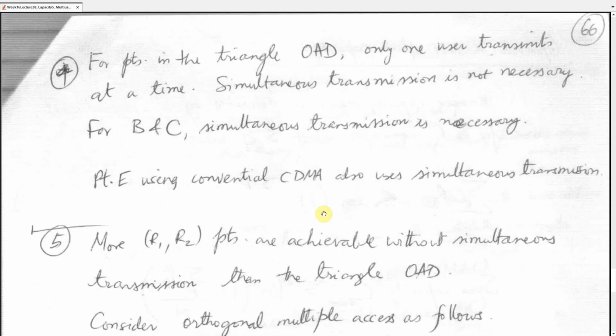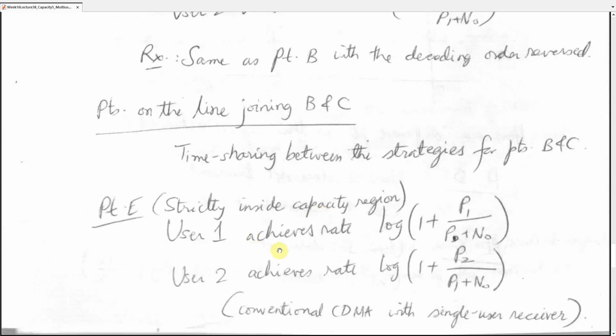So at this point, user 1 achieves rate log of 1 plus P1 over P2 plus N0 and user 2 achieves rate log of 1 plus P2 over P1 plus N0. So this is equivalent to the conventional CDMA system with single user receiver.